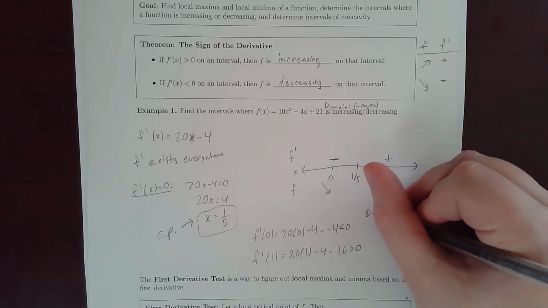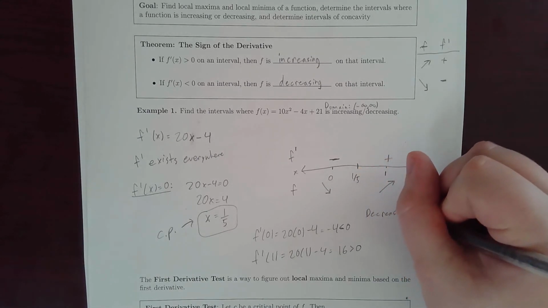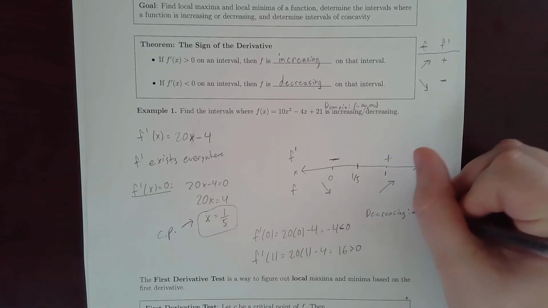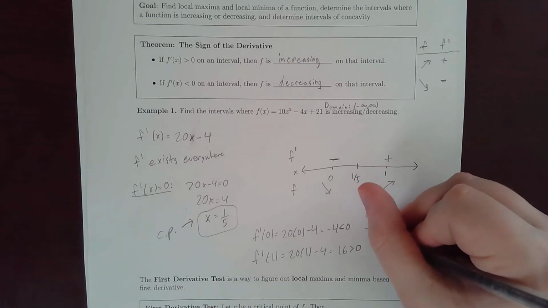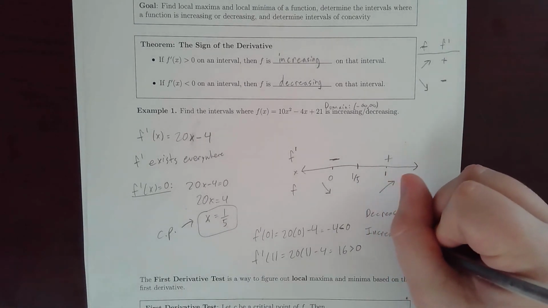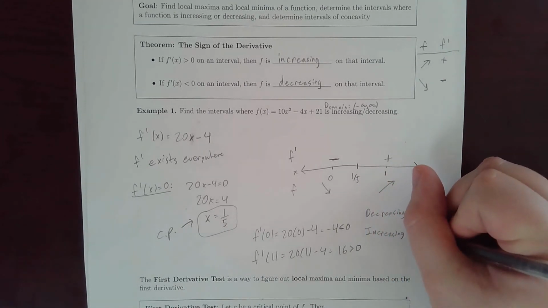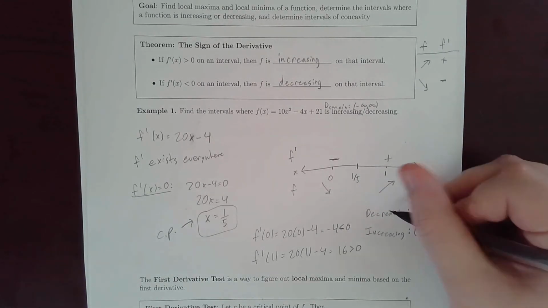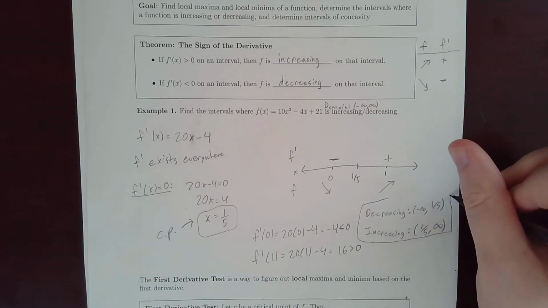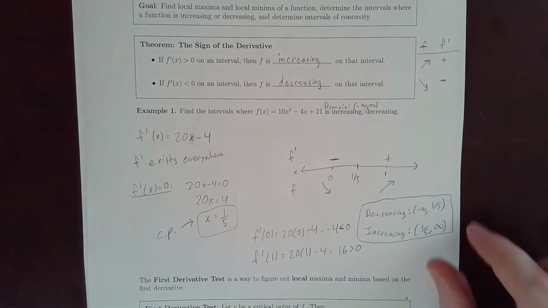So it is decreasing on the interval of negative infinity to 1/5, and increasing on the interval of 1/5 to infinity. And when we're saying where it's increasing and decreasing, we're never going to include the endpoints.